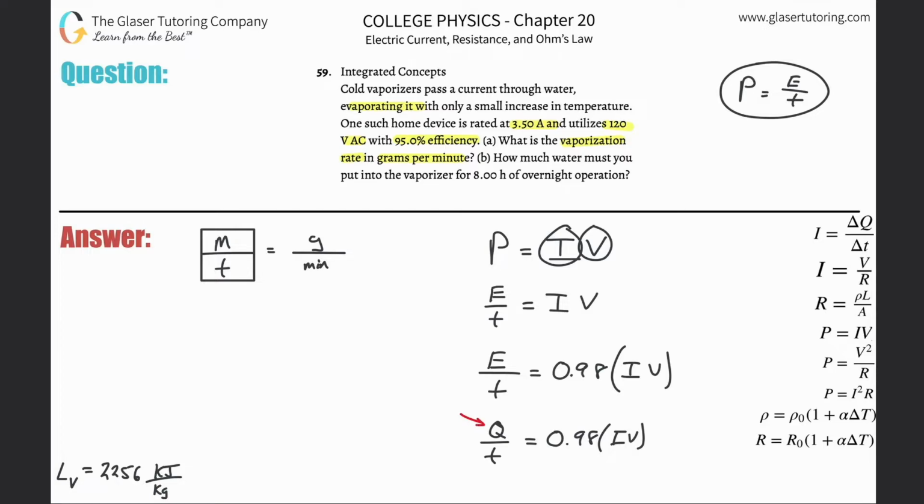How is heat energy related to vaporization? Oh, wait a minute. Is that like the latent heat of vaporization, the energy it takes to vaporize something? Is that the formula, that the energy required to vaporize something will be equal to the mass you're looking to vaporize multiplied by the latent heat of vaporization constant for whatever material you're talking about?